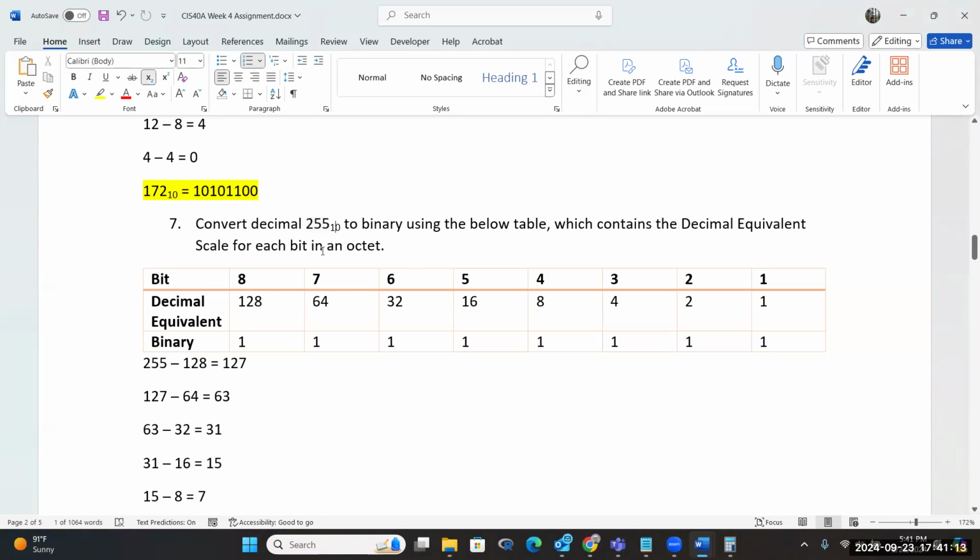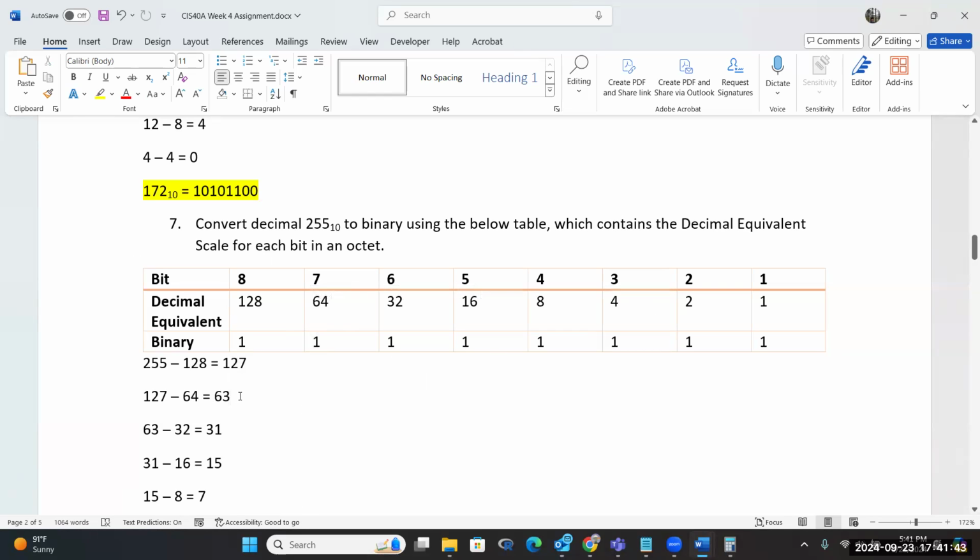So you take 255, go down your scale, see what you can subtract. And I can subtract 128. So I put a 1 there. I'm left with 127. Then I go down the scale and what can I subtract? The next number I can subtract is 64. So 127 subtract 64. When I subtract, I put a 1 and I do the math.